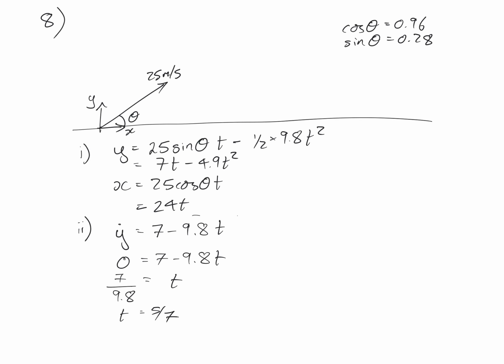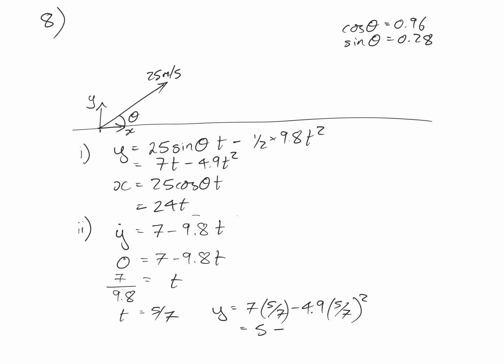Do we want the time? What are we after? Calculate the maximum height, so we want the y value. So y equals 7 times 5 over 7 minus 4.9 times 5 over 7 squared, equals 5 minus, it's going to come out nice, I think they've tried to do some nice numbers here.